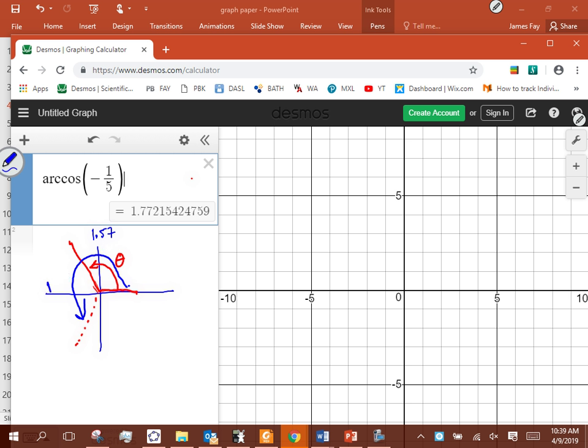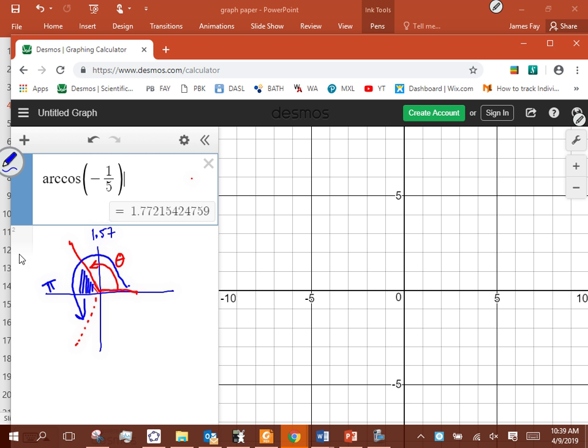You know that this is pi here, right? Does that mean that this angle here, that blue angle, is going to be 1.77 subtracted away from pi? Does that make sense?